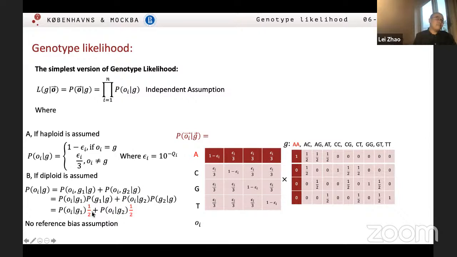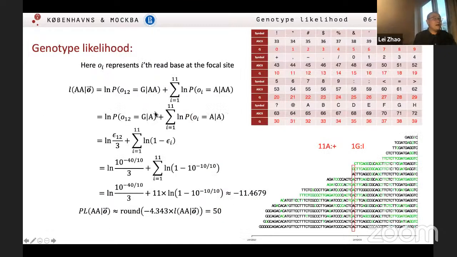So a half and half collapse to just one value. That one value is actually, given the nucleotide is A, what's the probability you observe a G, and given the nucleotide is A, what's the probability you observe an A. And this goes back to the base calling error. You just do this, and as I said before, plus means 10, and I means 40, and you calculate it, you can get some value like this.